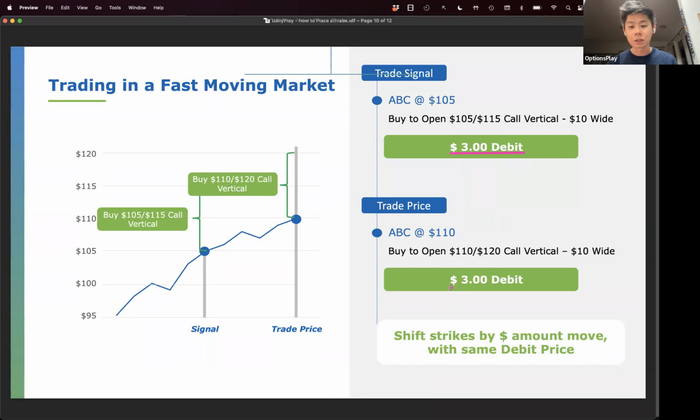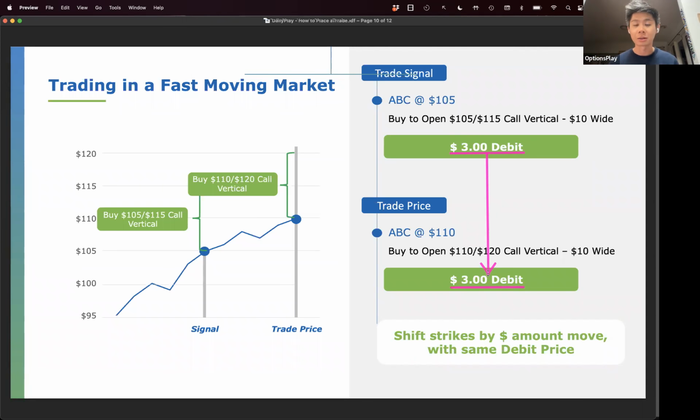So in this particular case, we were looking at the 105, 115s for $3. If you adjust your strike prices by that same $5, you should be able to place that trade at roughly the same debit price. So that's how you can make adjustments in a fast-moving market. If you happen to be placing the trade at a slightly different price than when we sent out the signal, you can make adjustments, because we don't know when you're going to be placing the trade.